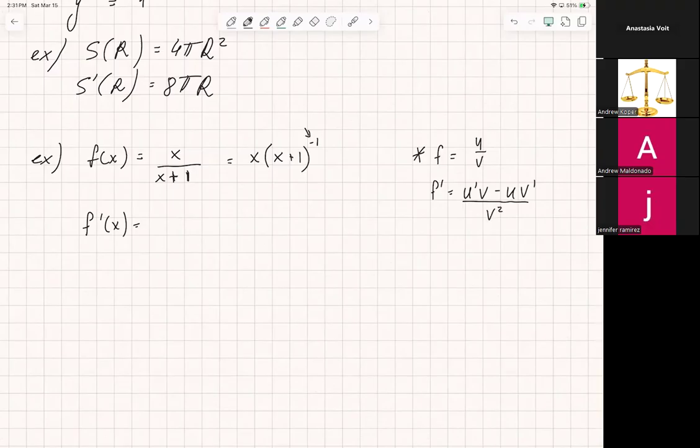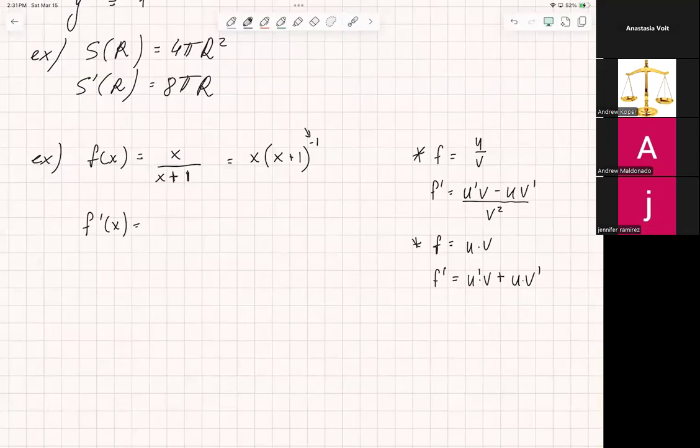And the product rule would be if we have f equals u times v, then f prime would be u prime v plus u v prime, okay?